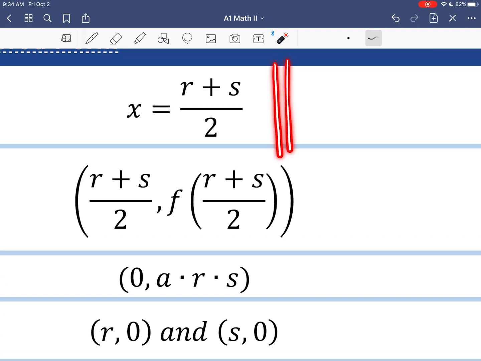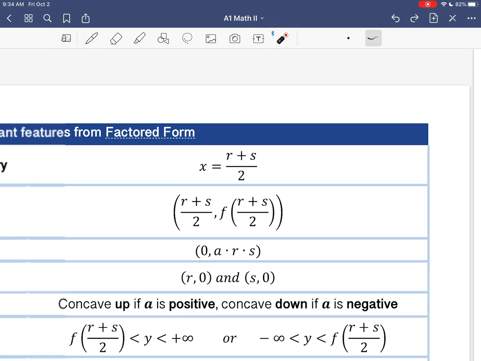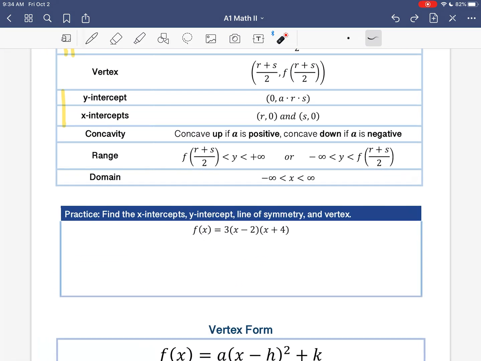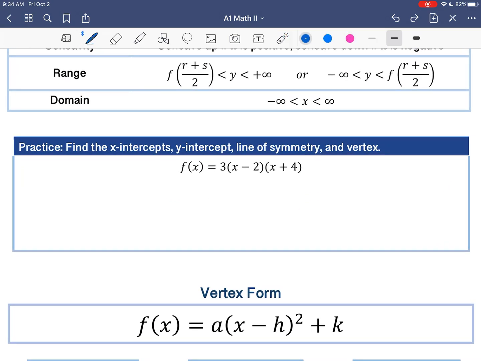So we would do the same thing if we find the line of symmetry. We just take that, and that's the x value of the vertex, and then we plug it into the function to find the y value of the vertex. So there are some consistent patterns here that you can get really used to, and it'll be good for you.